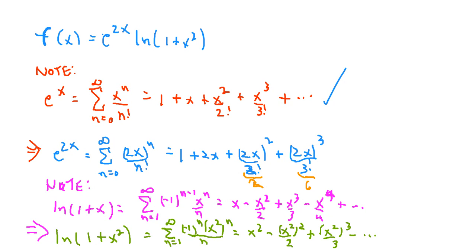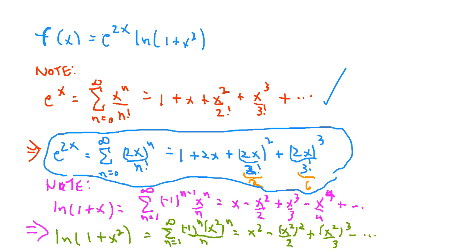So I now have the two Maclaurin series representations that I need. Should have a plus here, right?